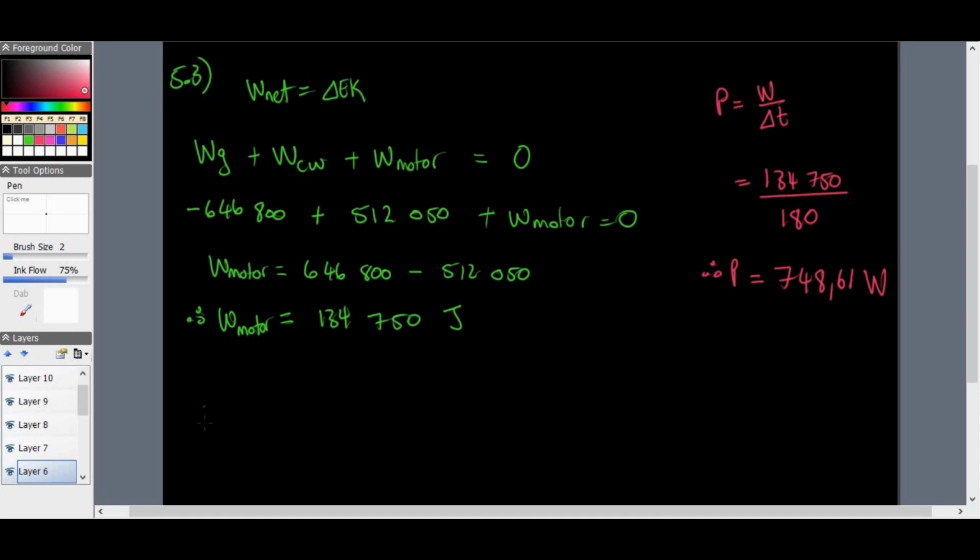The other option is saying that average power, because the question was specifically average power, is equal to the force multiplied by the average velocity.